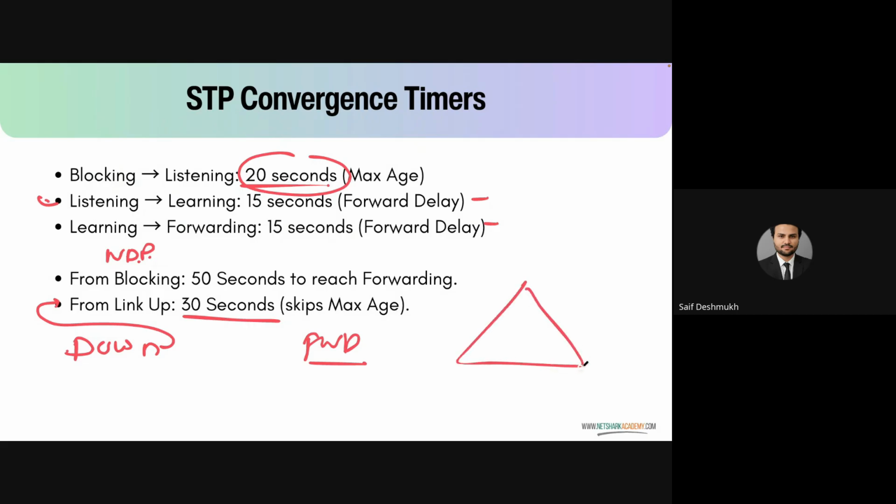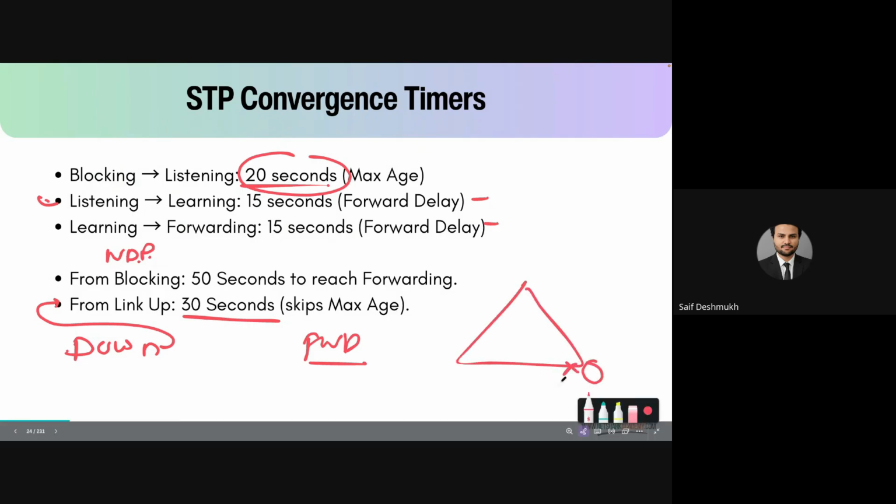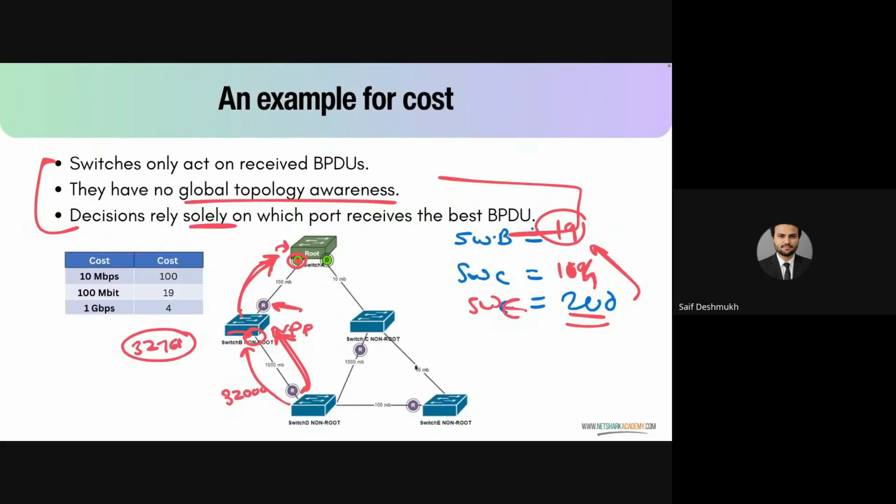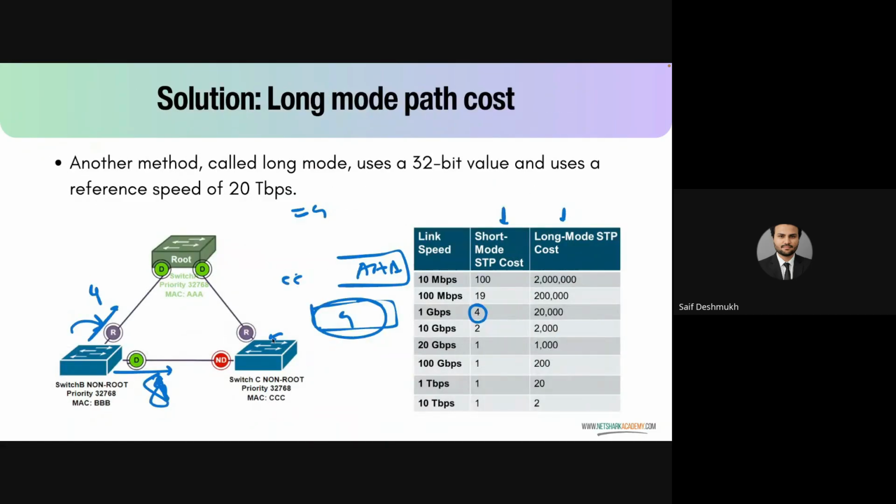In this topology, this is a blocked interface. Something called a direct failure occurred. What does that mean? Switch C expected something here. It is no longer receiving any BPDUs, because that was the sole thing that kept saying my root is alive. Every 2 seconds, the configuration BPDUs were being sent.